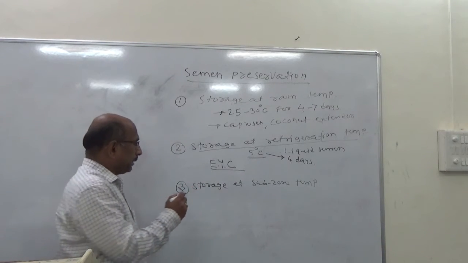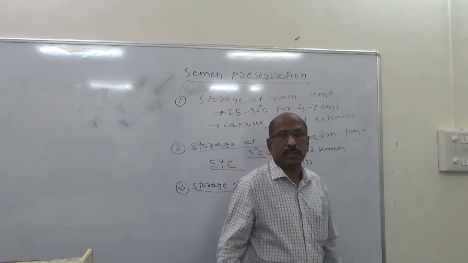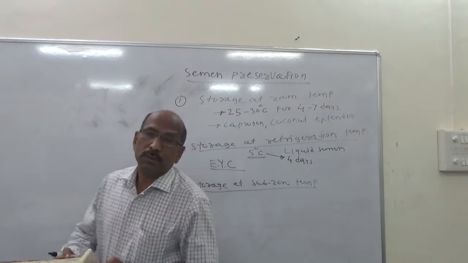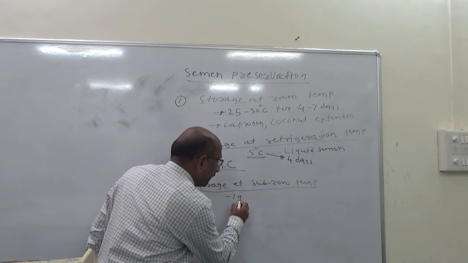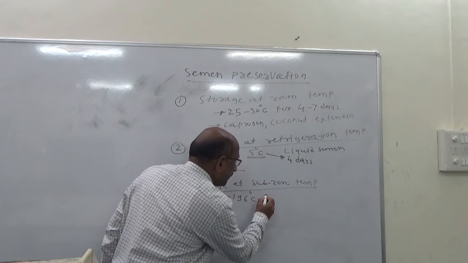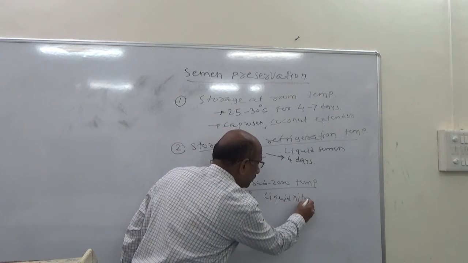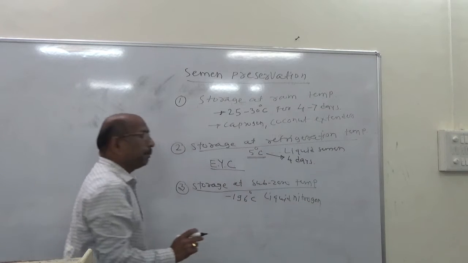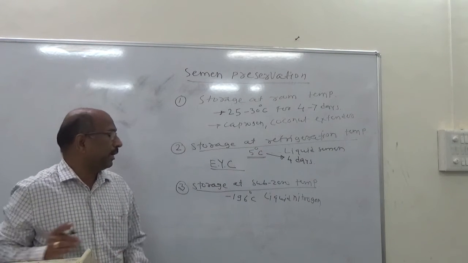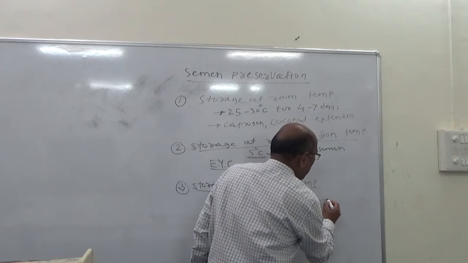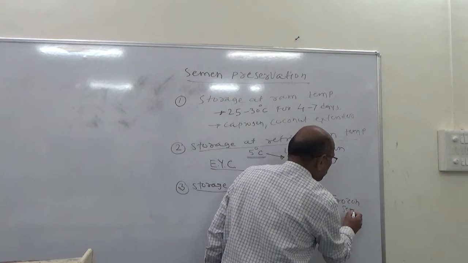Third in semen preservation is storage at sub-zero temperatures. In this method, the semen is preserved at minus 196 degrees centigrade in liquid nitrogen, which is called frozen semen.